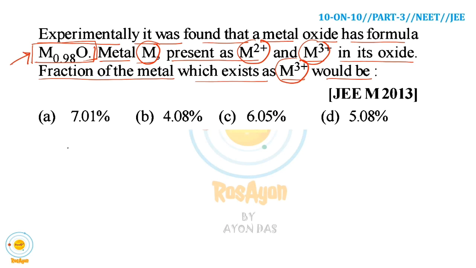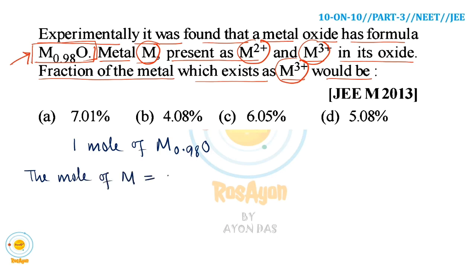Okay, now we consider 1 mole of metal oxide, that is M0.98O. Here the mole of metal M equals 0.98, and the mole of oxide O minus 2 equals 1 mole.